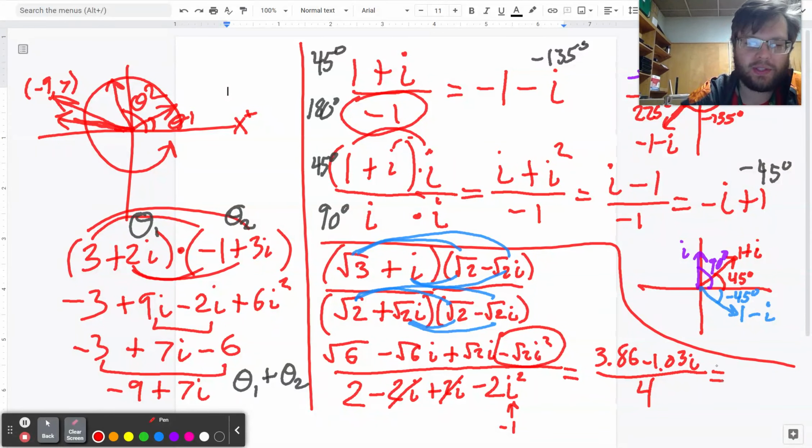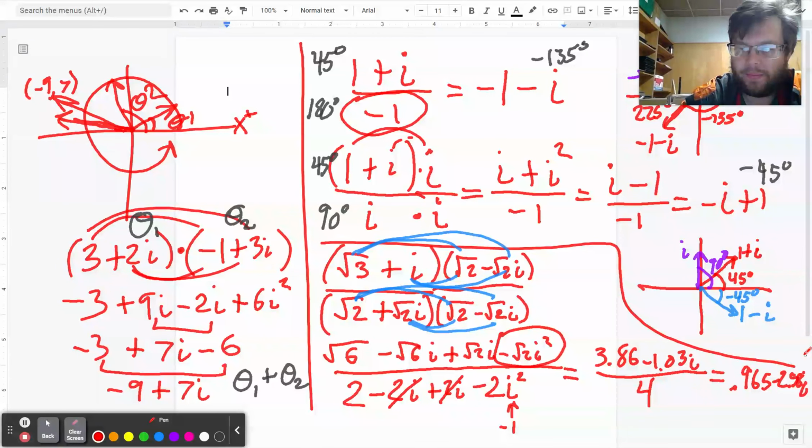So after all this hard work, I can do 3.86 over 4. I get 0.965. And negative 1.03 divided by 4, I get minus 0.258i.